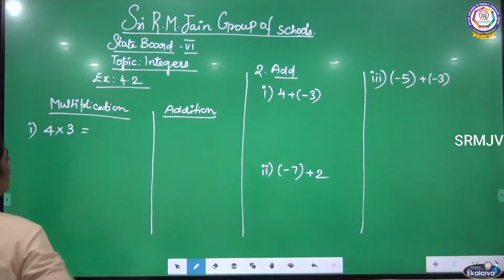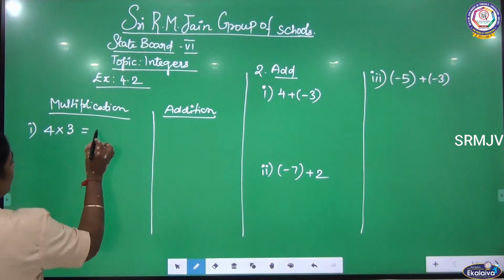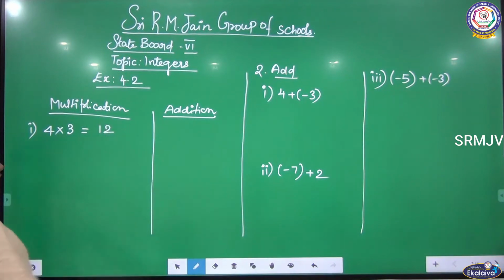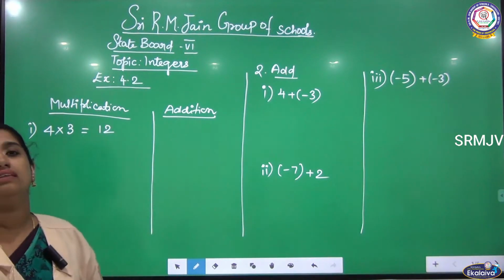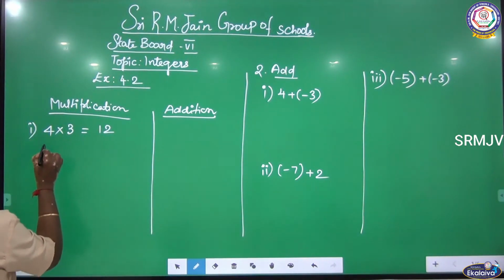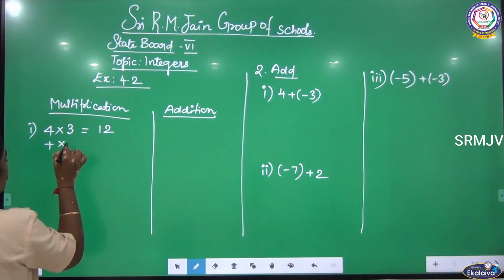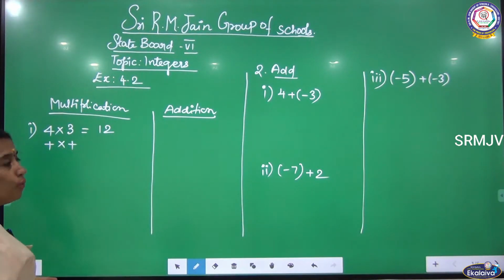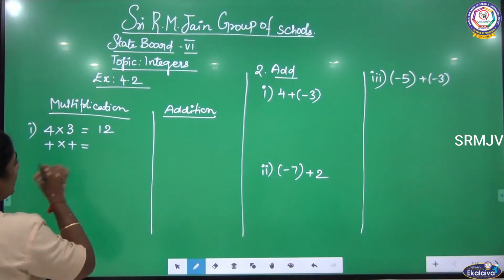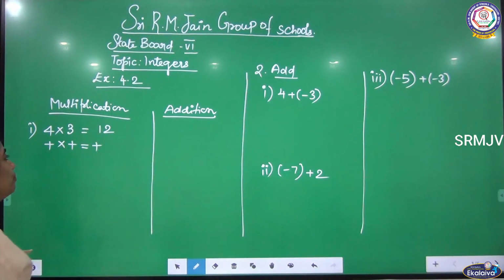When I am multiplying together, I can get the positive integer, which is 12. It means a positive integer into a positive, when I am multiplying, I can get the positive. Any doubt in this? This is my first rule.